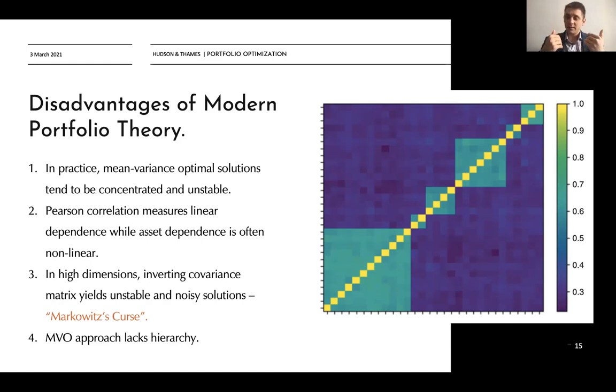And the final disadvantage is that the mean variance optimization approach lacks so-called hierarchy. So what does it mean? Imagine that you are a portfolio manager and you need to understand how to allocate $1 billion into the equity market. What is the typical algorithm which you will follow in your allocation? First of all, you will divide all the assets in your available universe into groups, for example equities, bonds, and commodities.